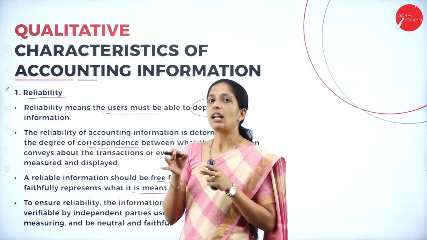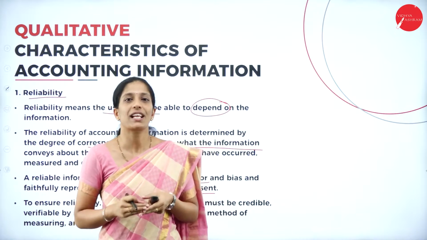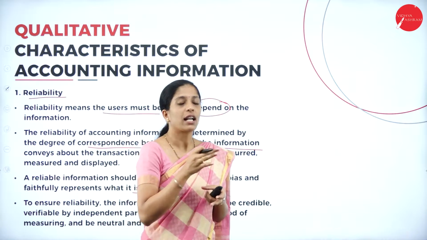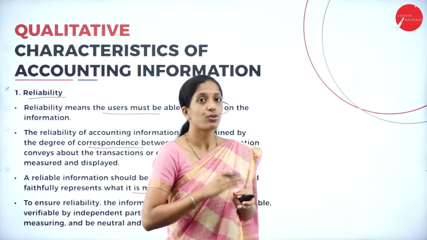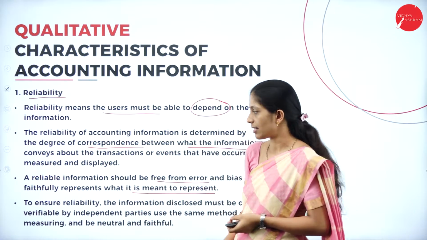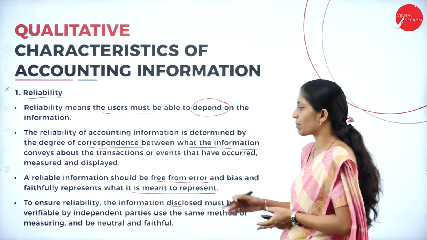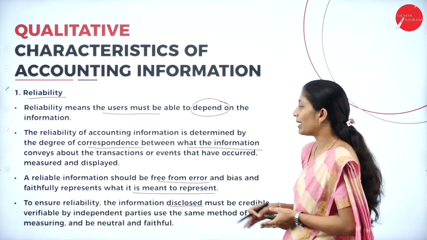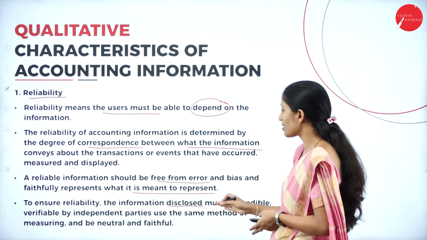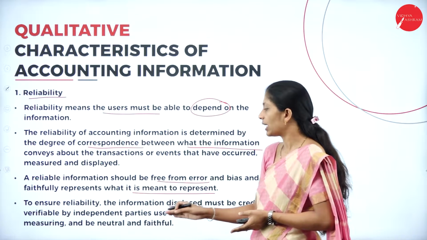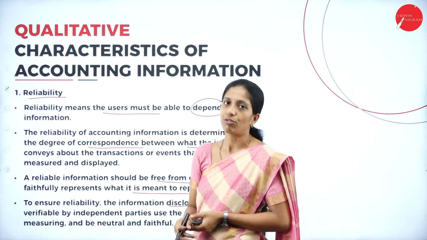Actual accounting information has to be conveyed to the users so that based on that, the users will take appropriate decisions. To ensure reliability, the information disclosed must be credible, verifiable by independent parties, use the same method of measuring, and be neutral as well as faithful.